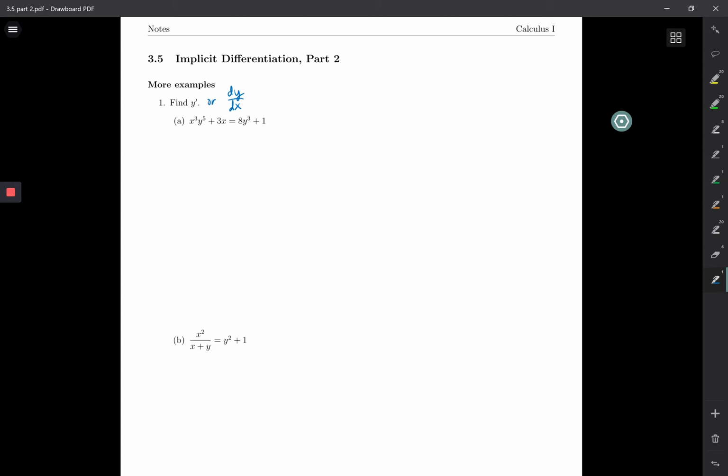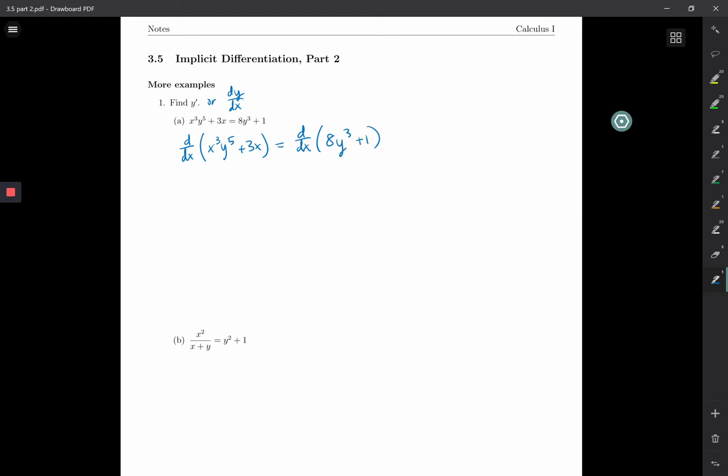What we do when we start this type of problem is we take the derivative of both sides. So I'm just going to write d over dx of the entire left-hand side of the equation, and that is equal to the derivative of the right-hand side, right?